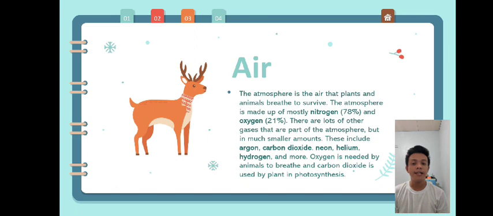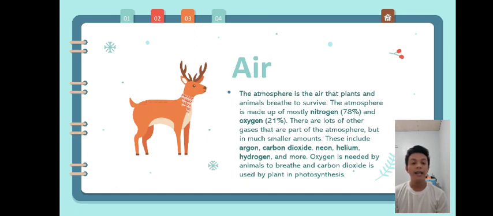Oxygen is needed by animals to breathe. Tama naman, di ba? Pati rin tayo, humans, kailangan din natin ng oxygen para makahinga tayo, para makasurvive. And carbon dioxide ay beneficial naman ito from the plants, para makapag-form sila or makapag-release sila ng oxygen.